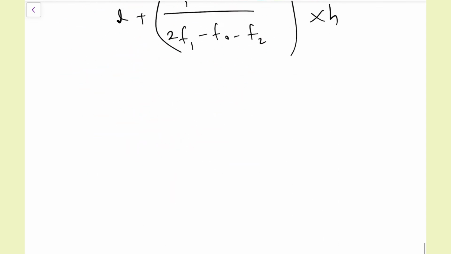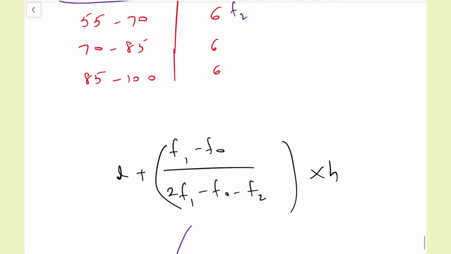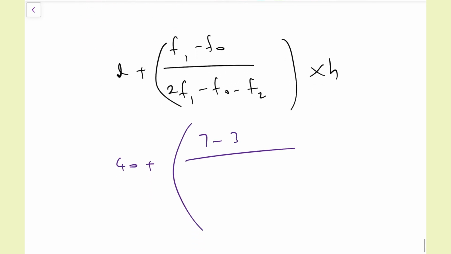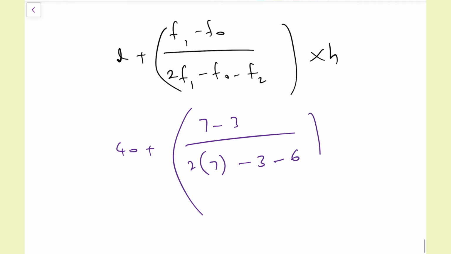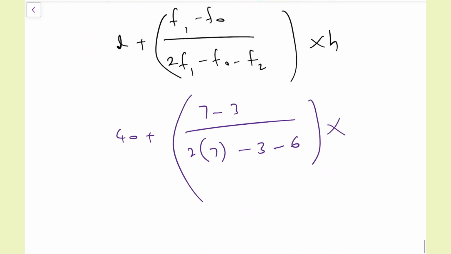Come on, let us substitute in the formula now. L is 40. So 40 plus F1 7 minus F0 3 by 2 F1, 2 into 7, minus F0 3 minus F2 6 into H, class size 25 minus 10, 15. Write that 15 here.